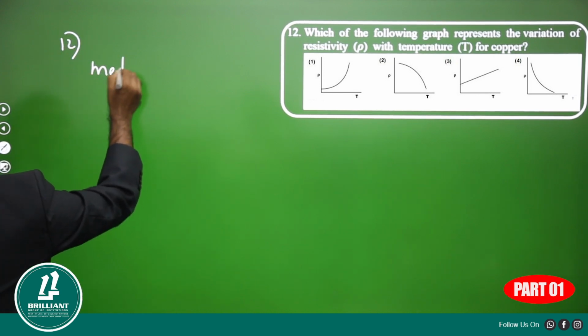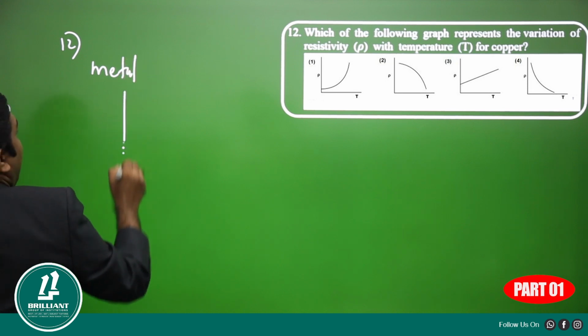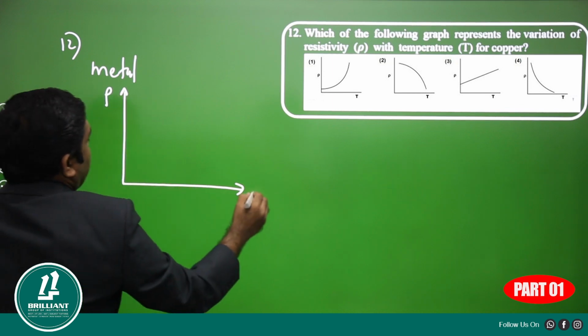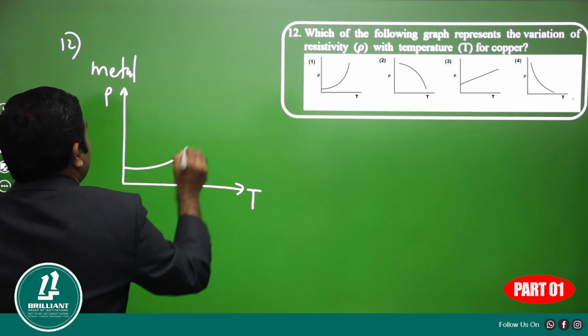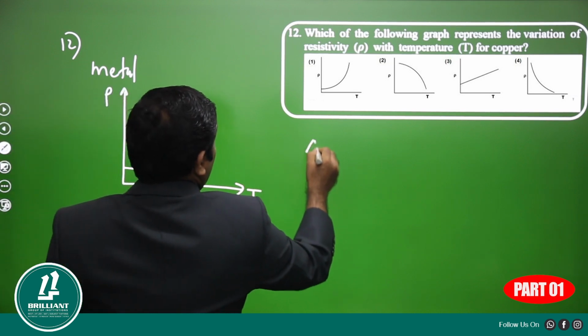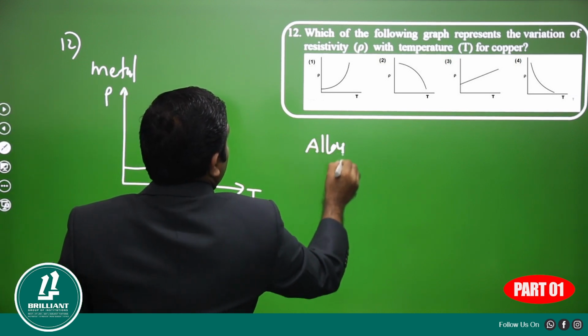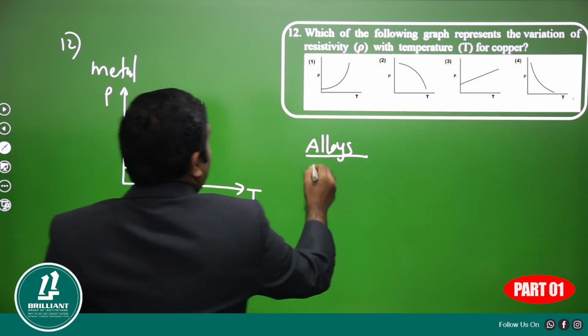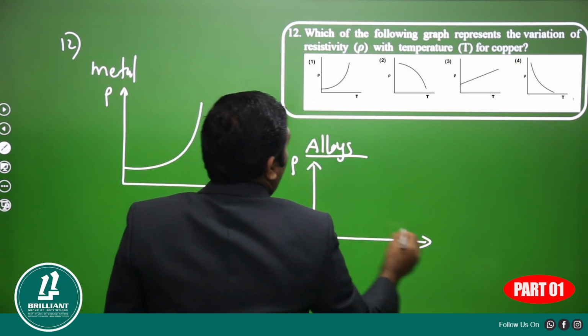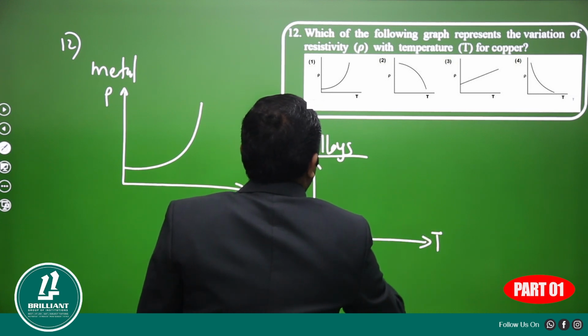Copper is a metal. For metals, the variation is in this manner. This is the variation. And for alloys, that is, combinations of metals, the variation comes like this. Now see, the rho-T variation is coming in this manner.